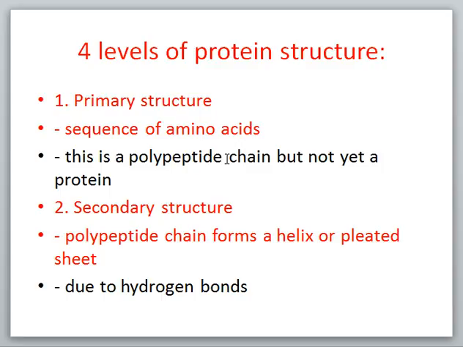So primary structure, just the sequence of amino acids. Secondary structure, this is where this polypeptide chain will form a helix or a flat folded sheet. And this is due to hydrogen bonds because of the repeating amino acids.